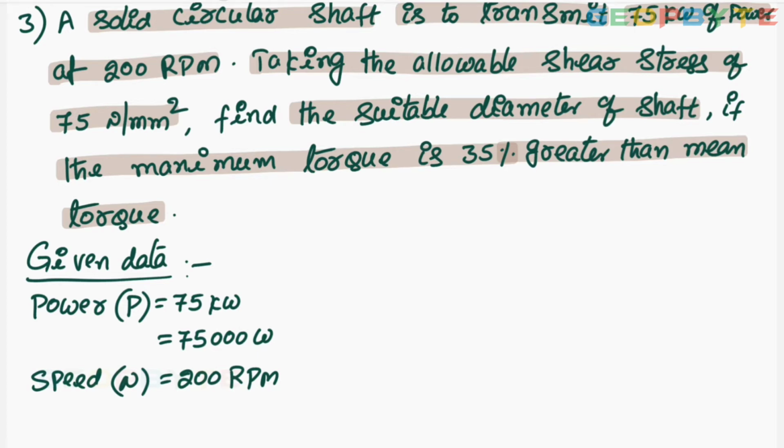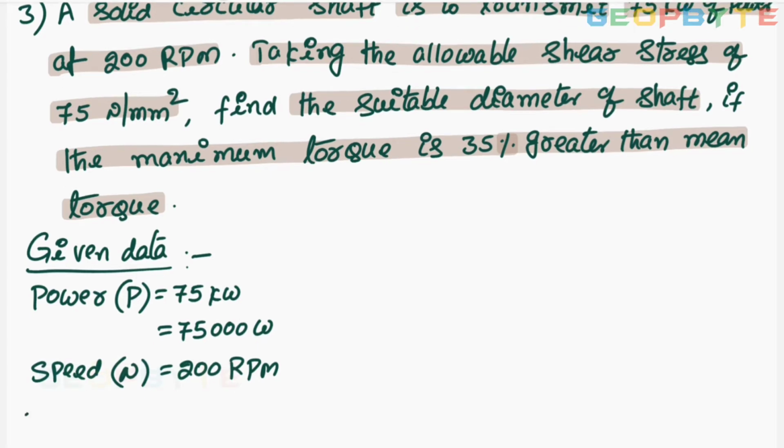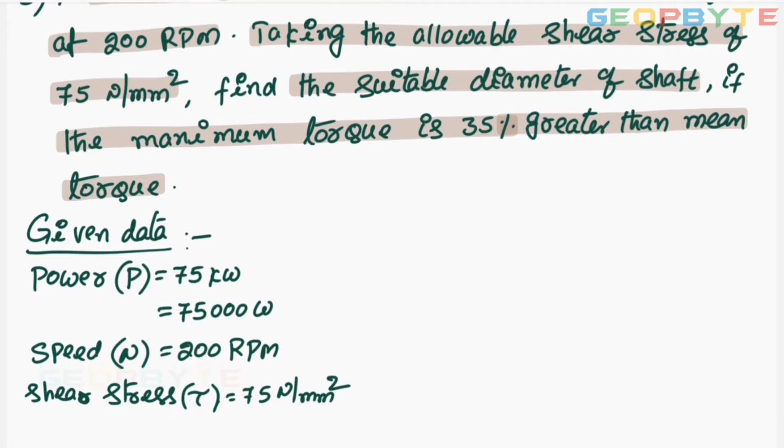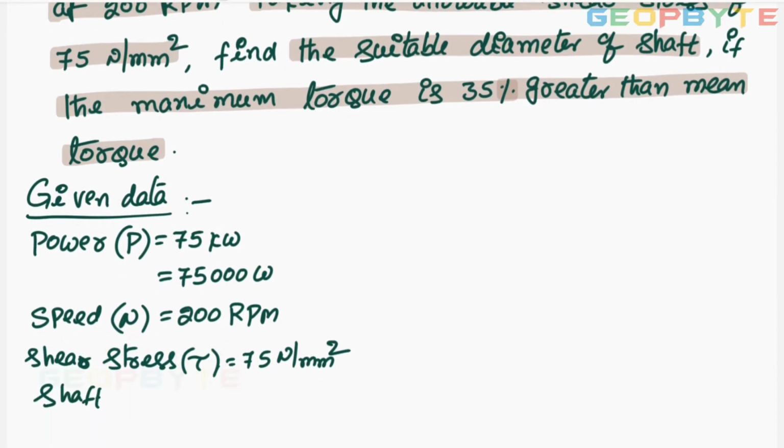Allowable shear stress tau equal to 75 Newton per millimeter square. Find the suitable diameter. Shaft diameter is how much?